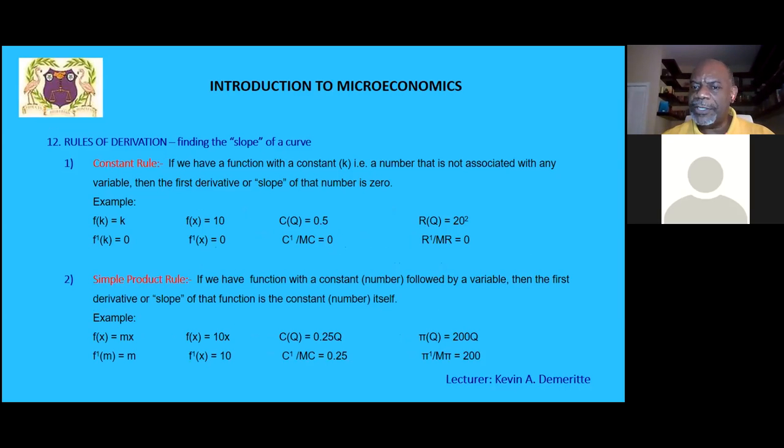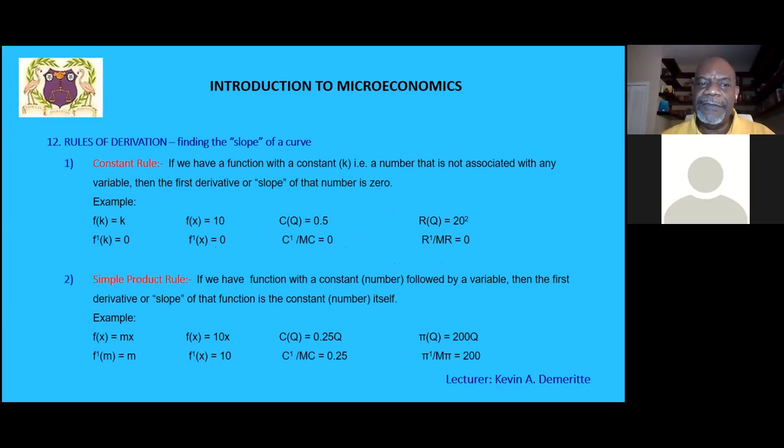The first rule is called the constant rule. It says, if you have a function with a number in it all by itself, what we call a constant. A number is called a constant because a number cannot change. It's just a dot.